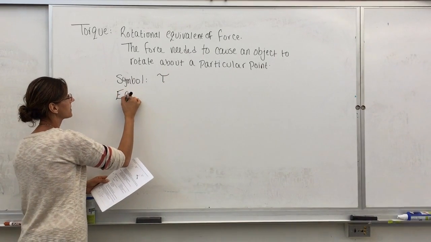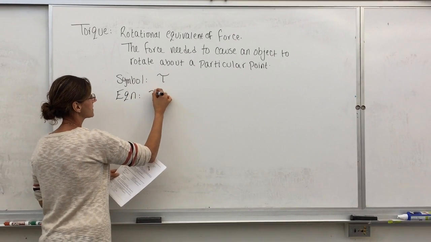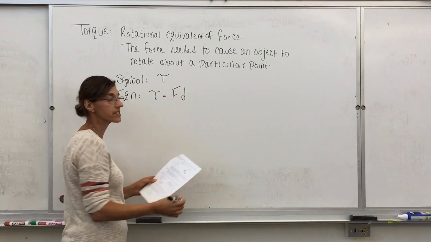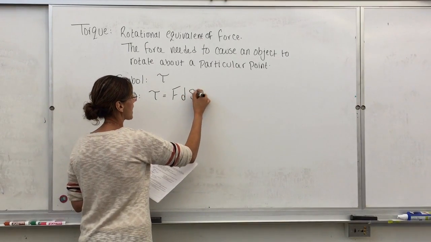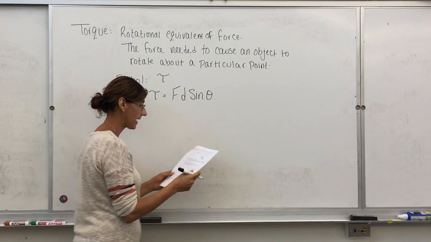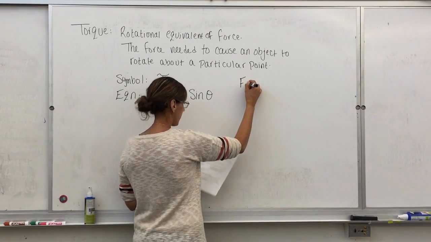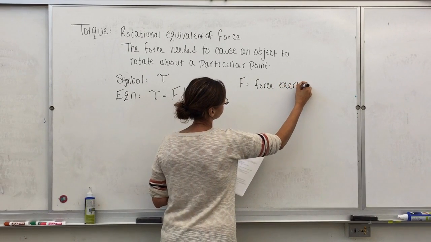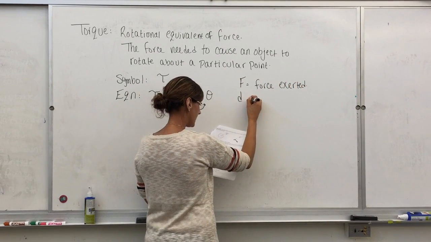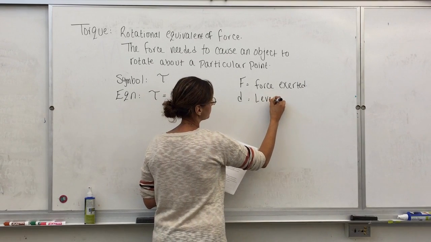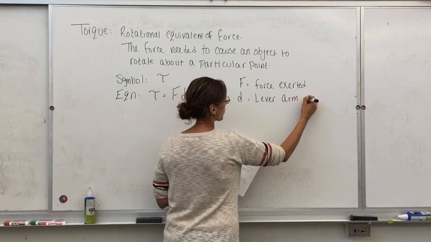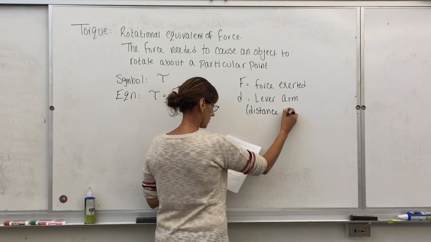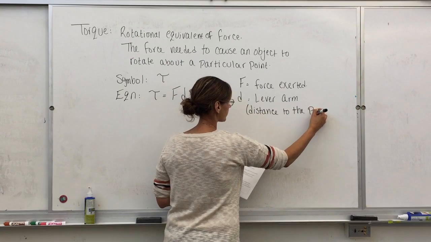The equation is torque equals F, which is the force, times D, which is the distance, times sine of theta. Okay? So we'll define those things. F is the force exerted. D is the lever arm, or we say this is the distance to the pivot point.